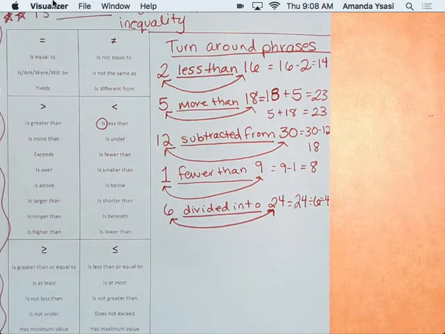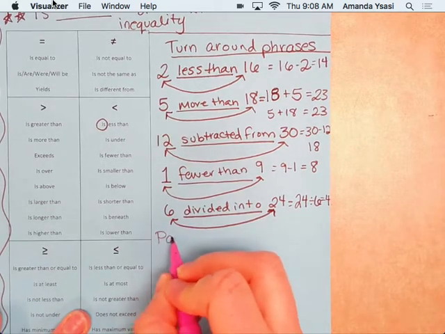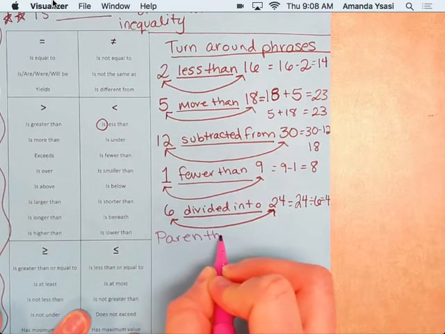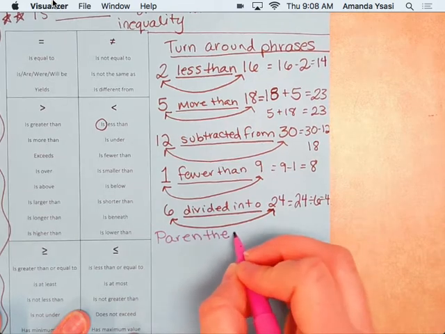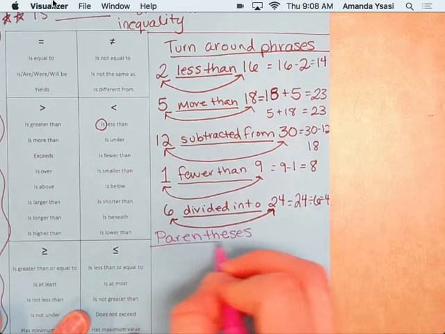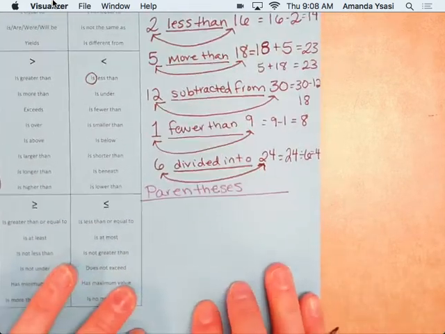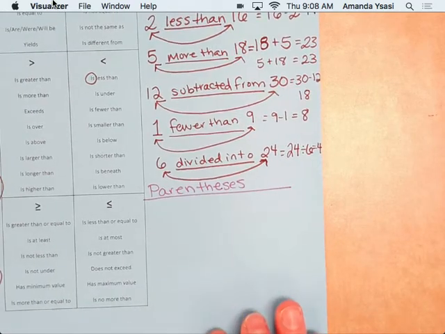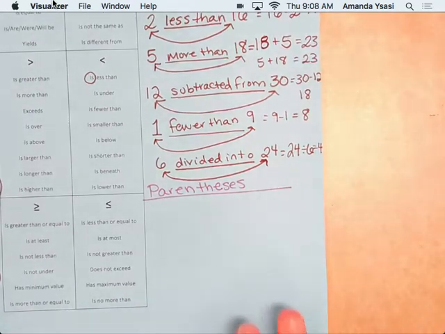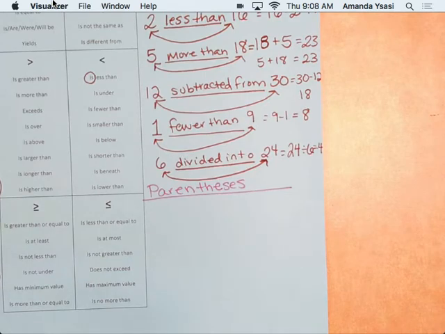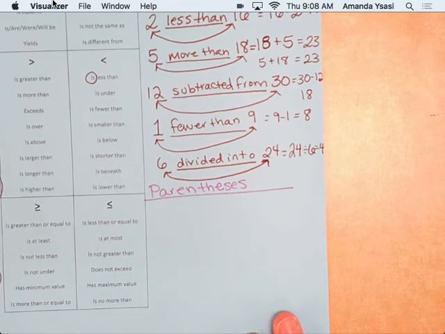Okay, so that's turnaround phrases. Okay, the other one that can be confusing is the parentheses. Parentheses is your groupings. Deals with groupings.